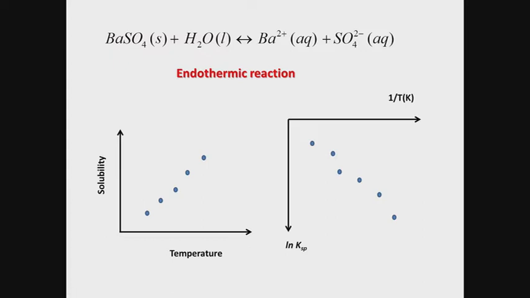Our basic idea is we are going to study this chemical equilibrium at different temperatures and from there obtain important information regarding the solubility product and the heat of solution of this salt barium sulphate.